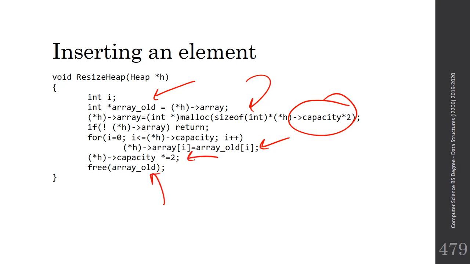This is an idea of how to work dynamically with arrays: whenever you need more elements, you can recopy the content and have a bigger number of elements in the heap.